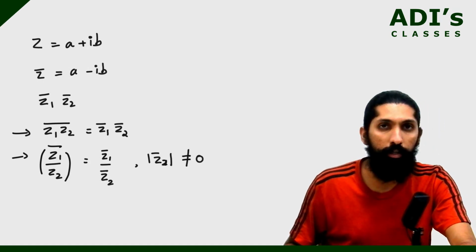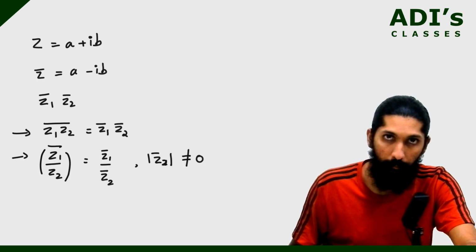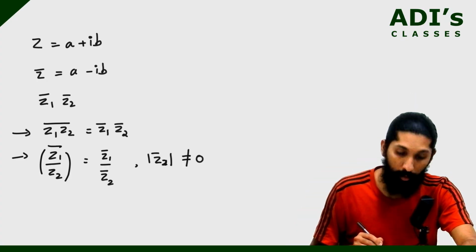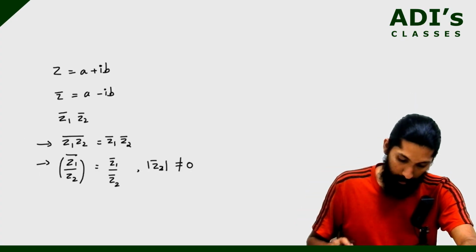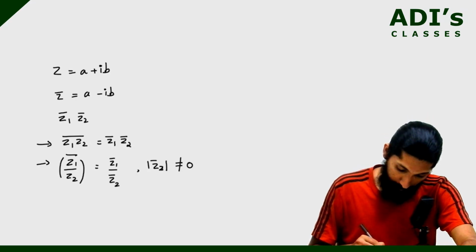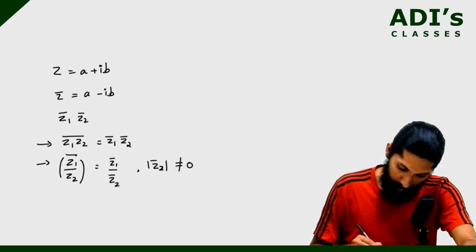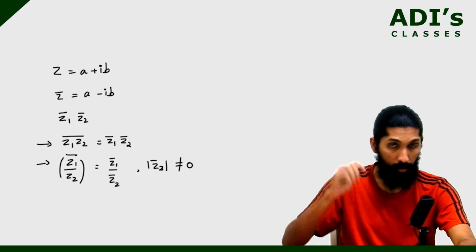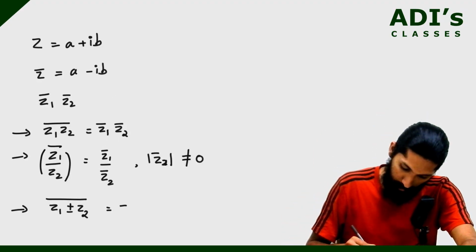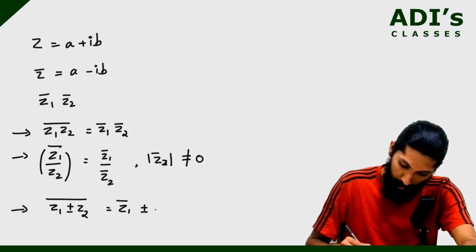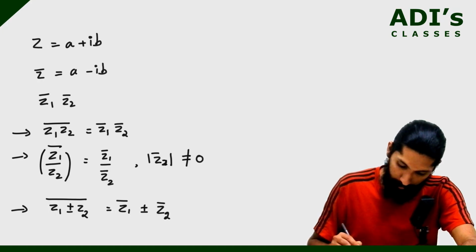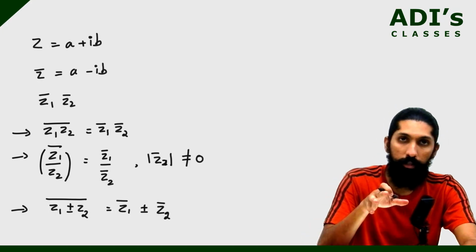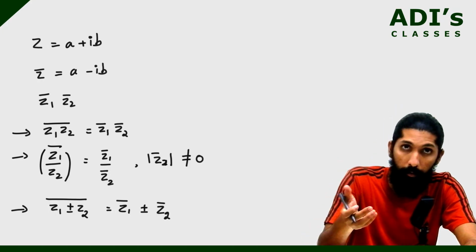And I think it's quite obvious why it should not be 0. The third property for conjugate: suppose you have z1 plus or minus z2, whole conjugate. This becomes z1 conjugate plus or minus z2 conjugate. Now, these are three properties for conjugate.